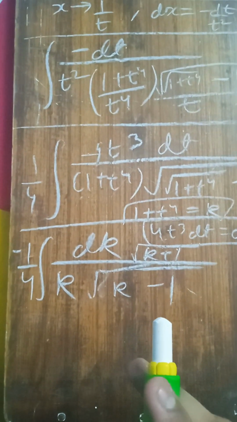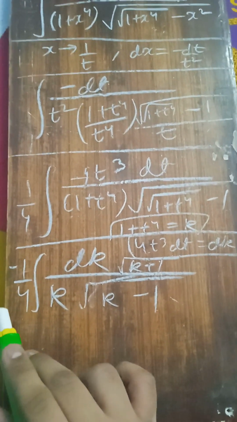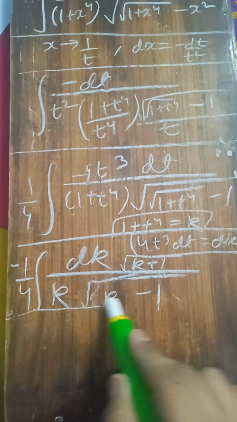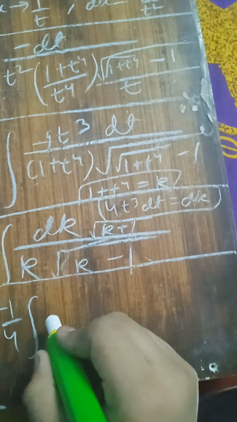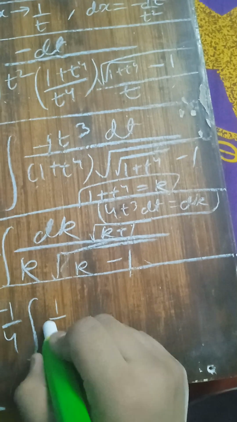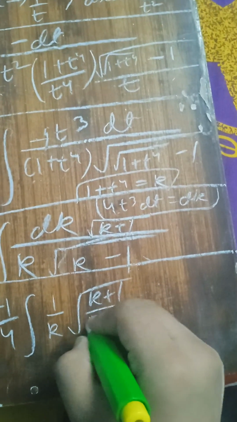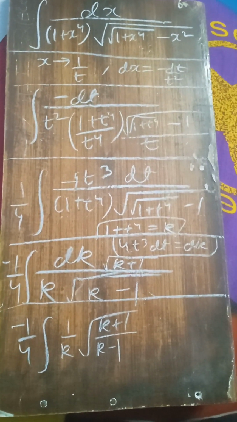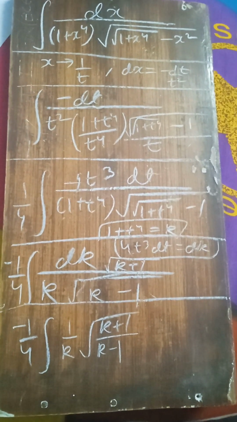If you're watching this video till the end, that means this step is correct, because if it were not, I wouldn't have posted this video. So 1 by k, root of k plus 1 by k minus 1, and I believe in rationalizing it again by k plus 1.